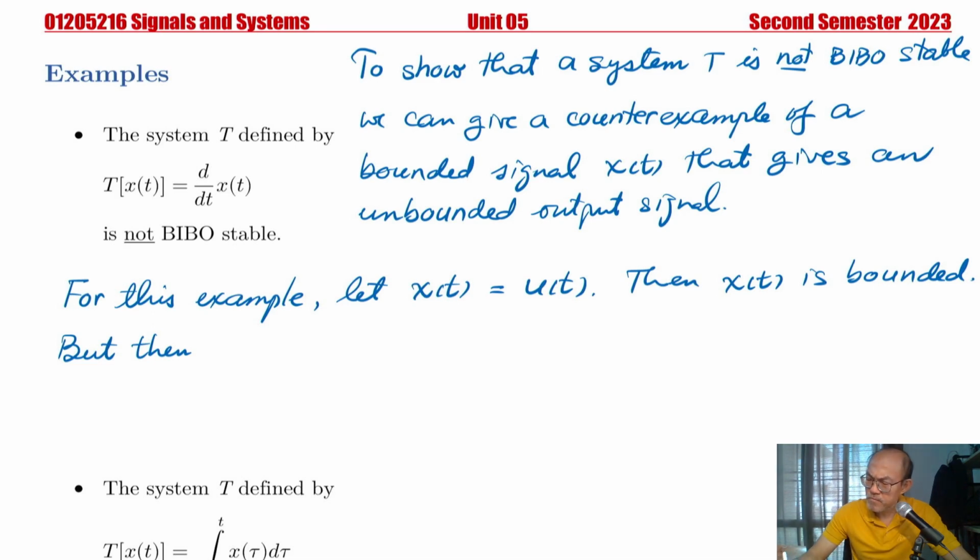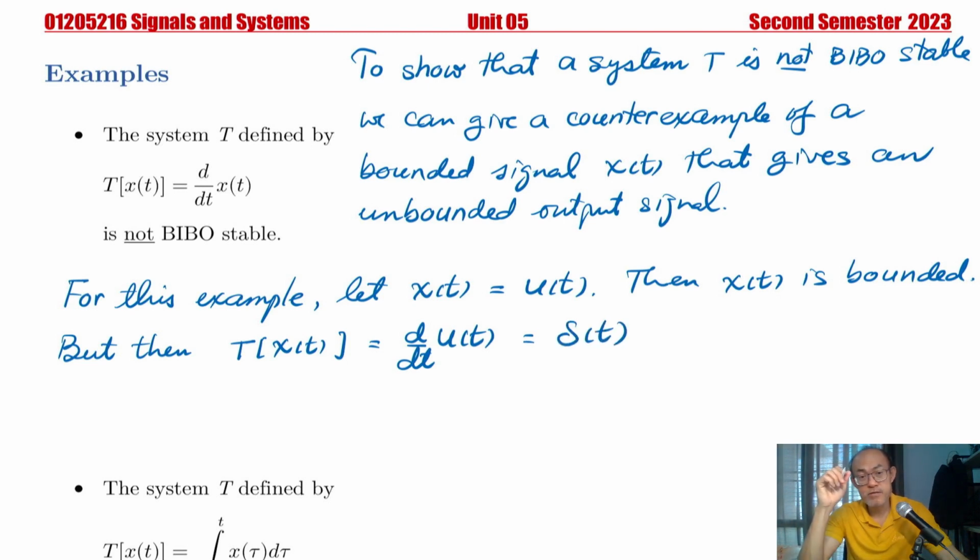T of x would have to be equal to the first derivative of u(t), right? And we know that the derivative of u(t) is the delta signal, the unit impulse signal, which is unbounded because a unit impulse signal is not bounded.